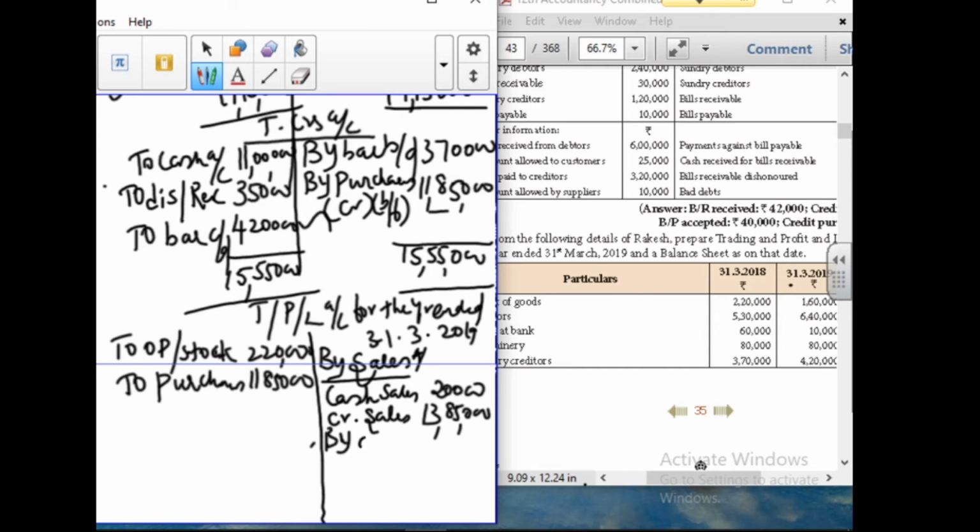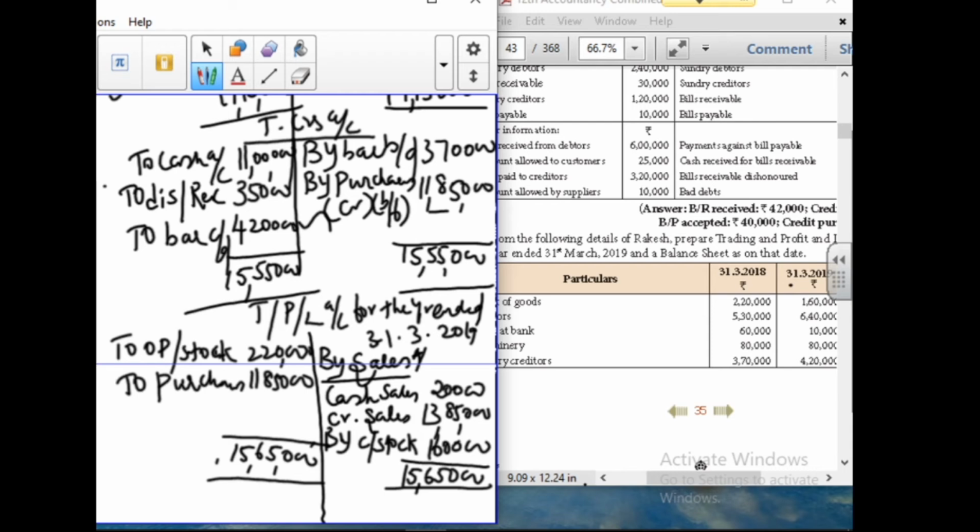And by closing stock. This information is in the stock of goods, isn't it? 1,60,000 is your closing stock. So I think we have made all the adjustments. Your credit side total comes around 15,65,000. With this, we are going to tally the debit side amount.